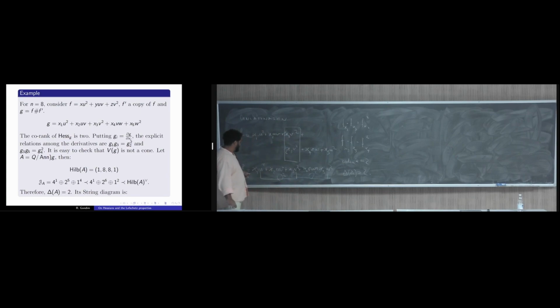The number of variables is 8. 1, 8, 8, 1. Sorry. We have delta 2. 1, 2, 3, 4, 5, 6, 7, 8. 1. Delta 2.